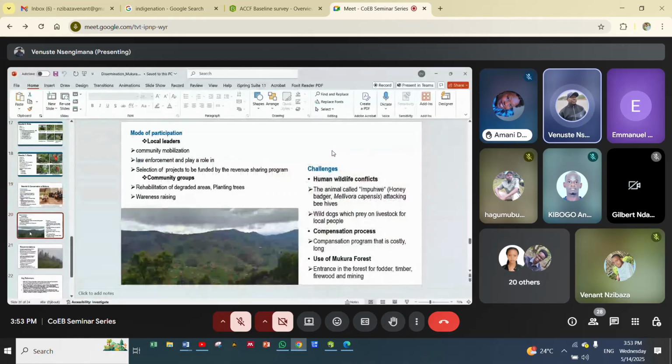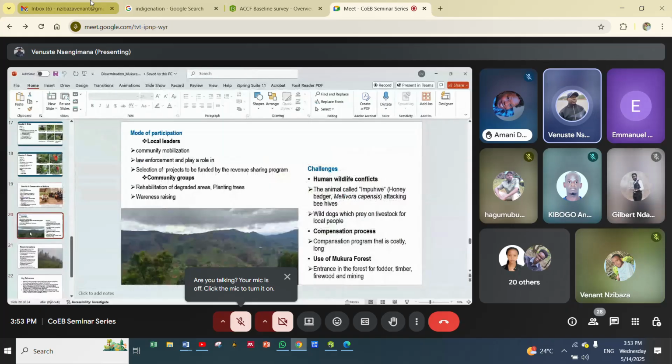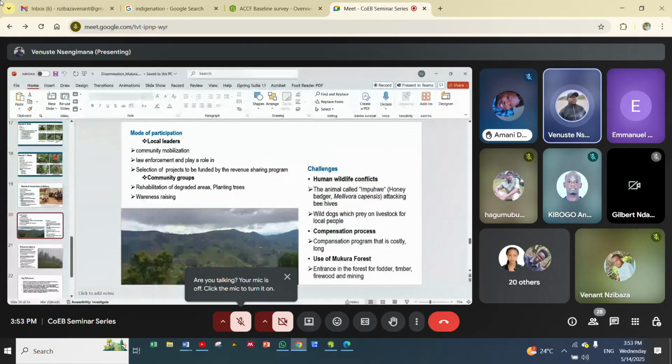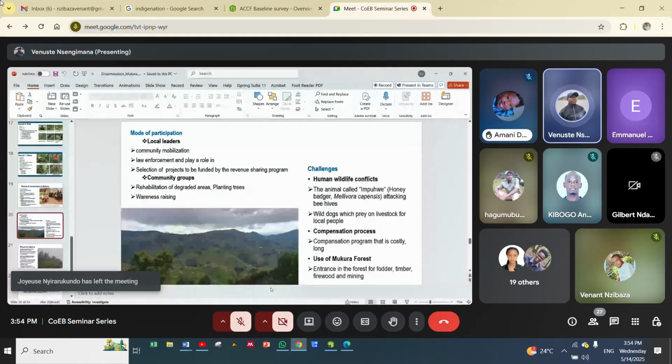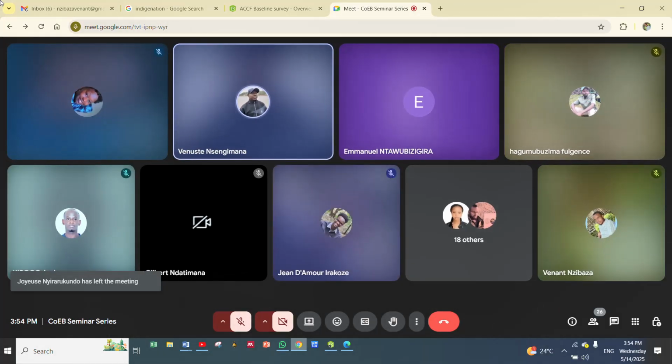For the mining, maybe the frequency is reduced, but some traces are still there. I can even remember that while we were sampling, there were some conflicts with the park rangers. So the threats are still there, and some of them are detailed here.